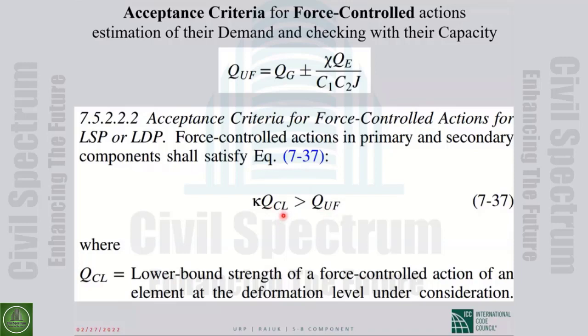And the formula to calculate the shear capacity of a beam, torsional capacity of this beam, axial capacity of this beam is the same formula that we have in code. But for material property in that formula, we put lower bound values because we are talking about force control actions. These are brittle actions, so we apply some level of conservatism in the calculation of the capacities.